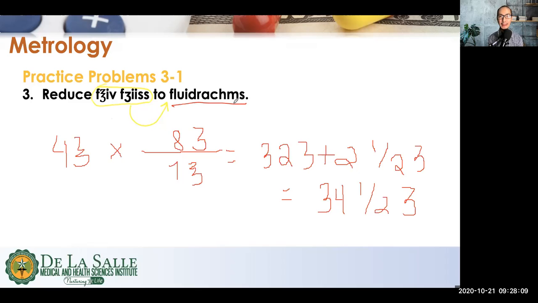So you will need to convert the denomination that needs conversion to the quantity that is desired. Remember that an ounce, or a fluid ounce, is equivalent to 8 grams.